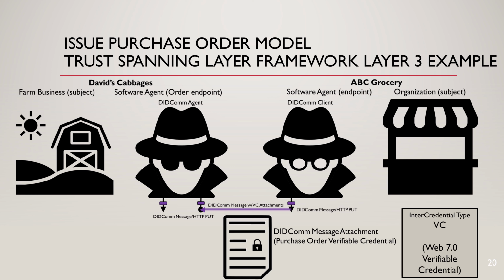At the bottom, you can see the purchase order verifiable credential, and you can see its blood type is VC. And it is sent by ABC Grocery's DIDComm agent, and it's received by David's Cabbages DIDComm agent, very similar to what we've been talking about all along. So presumably it fits in nicely into the hierarchy.